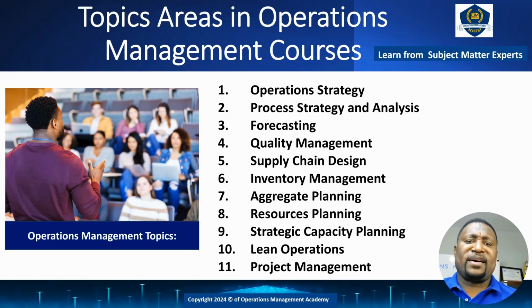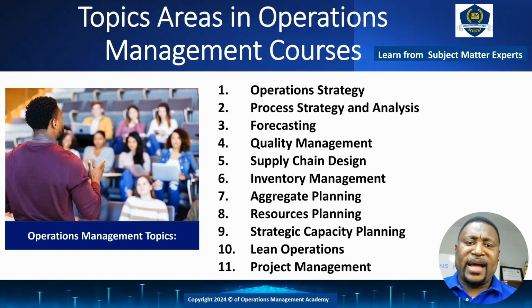So you're going to have these 11 topics in operations management that you're going to go through when you decide to take an operations management course. And it is usually a required course. It is a core course in every bachelor degree in business administration. Doesn't matter the major. You will have to take that class if you go through the College of Business. So what are the topics that you will have to study when you are taking operations management?